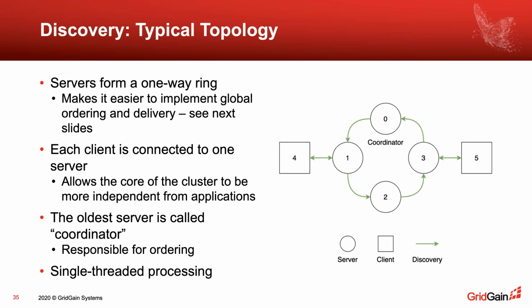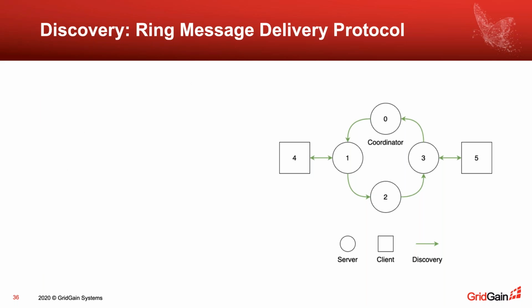And I also mentioned that unlike communication data transferring, which is multi-threading based, system message transferring in discovery is based on single threaded processing. So everything is slower, it's single threaded, and it's this complex topology, but all of that helps us to provide the reliability and ordering guarantees that we need.